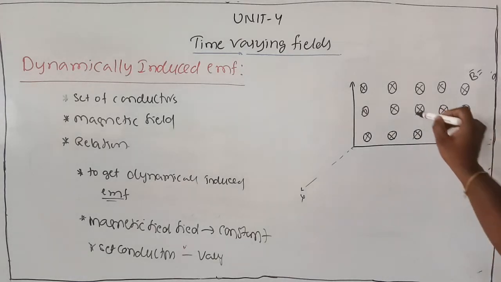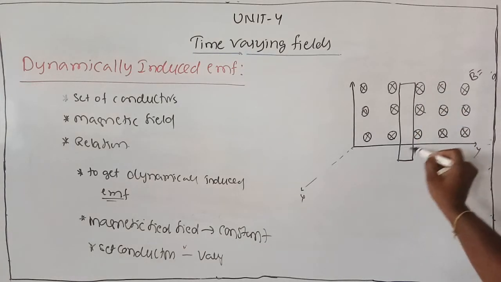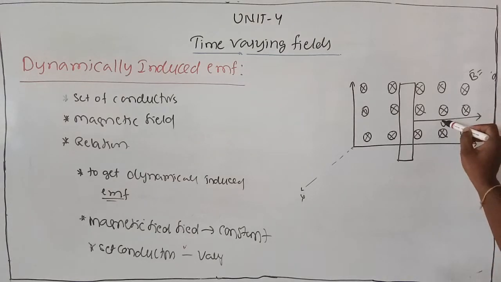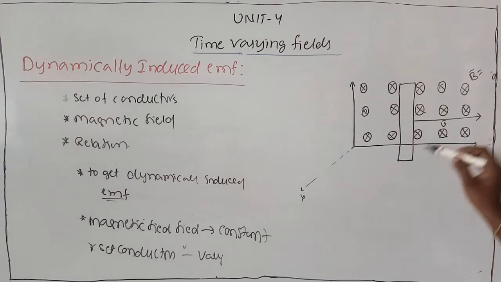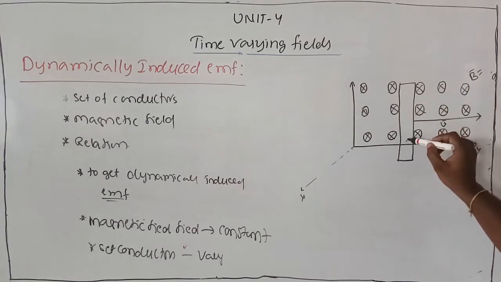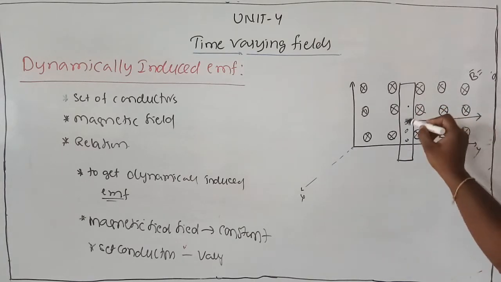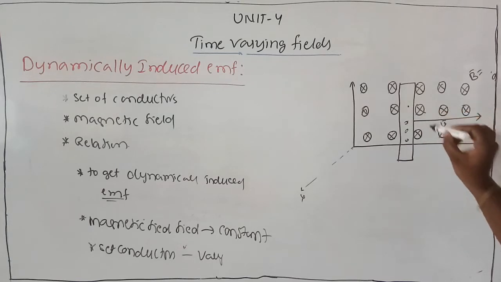Now place a conductor like this and assume that the charge inside the conductor is moving with a velocity v bar in the direction of the y axis. As it is a conductor, there are a number of free electrons available inside it. So consider that the free charge is moving with a velocity v bar in the y axis direction and the magnetic field is in this direction.